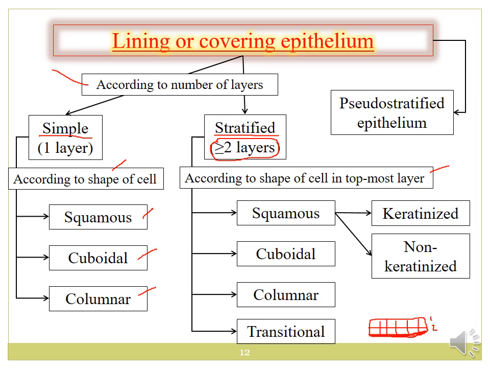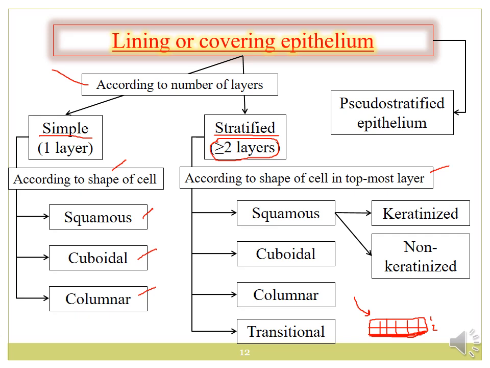One of them is directly resting on the basal lamina, and the other one is above this layer. So the topmost layer is the layer farthest away from the basal lamina. This is considered the topmost layer.